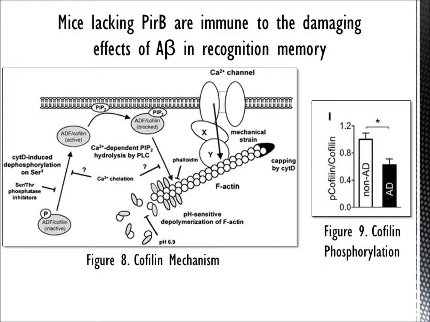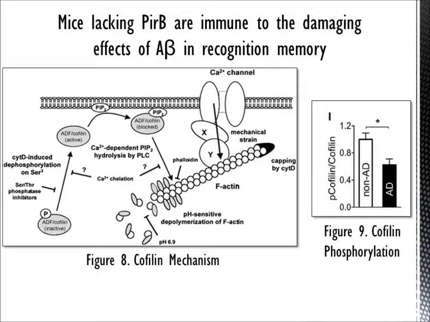This result turns out to be because of the inactivity of an enzyme called cofilin. Cofilin breaks down actin, and no actin means no synapse, because actin is essential to maintain synaptic structure. In the Alzheimer's mouse, A-beta PIRB binding recruits cofilin signaling modules to facilitate actin depolymerization, resulting in synaptic loss.